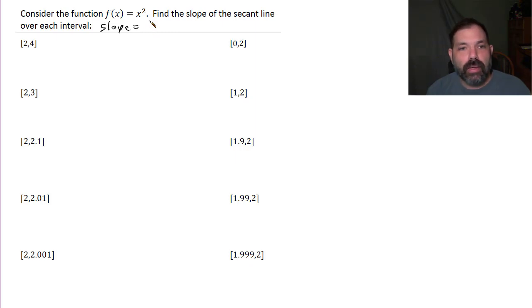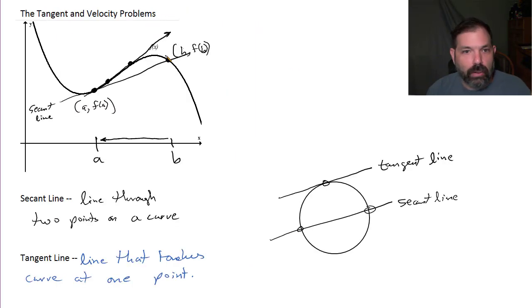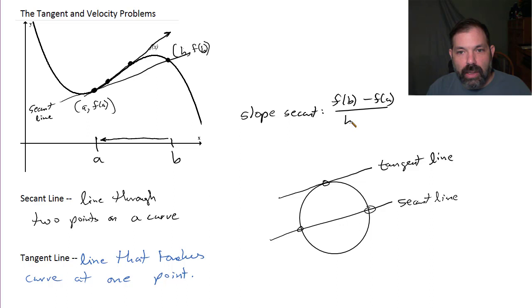So we can think of the slope of the secant line to be y2 minus y1, f of b minus f of a over b minus a, rise over run.